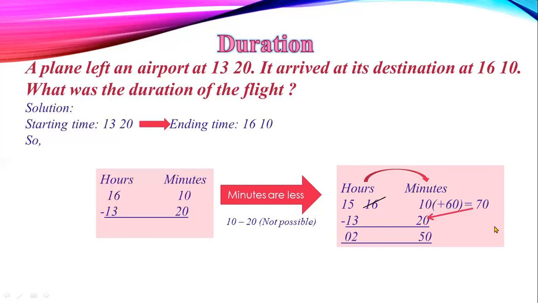And as we have given 1 hour to the minutes, now we are left with 15 hours and 13 hours. 15 hours minus 13 hours will give you 2 hours and 70 minutes minus 20 minutes will give you 50 minutes. So, the duration of the flight was 2 hours 50 minutes.